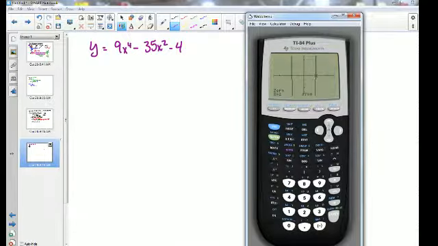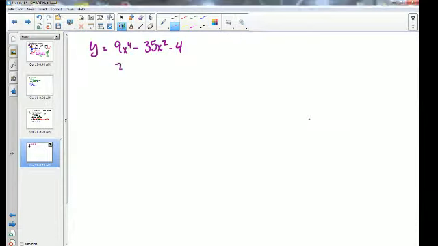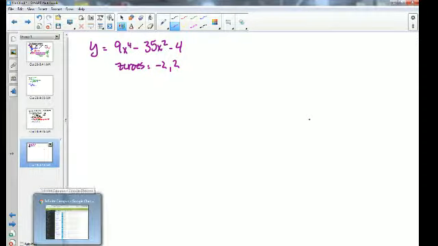Okay. That's fine. Anything to the left and the right. The more accurate you can be, the more accurate your answer will be.